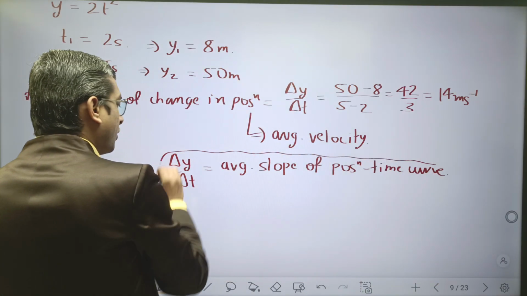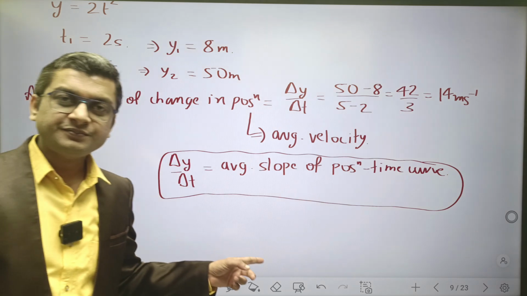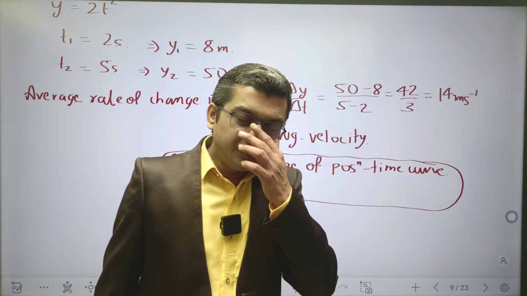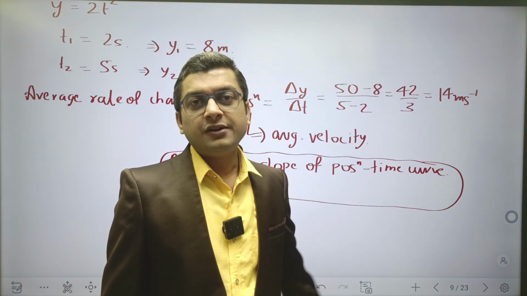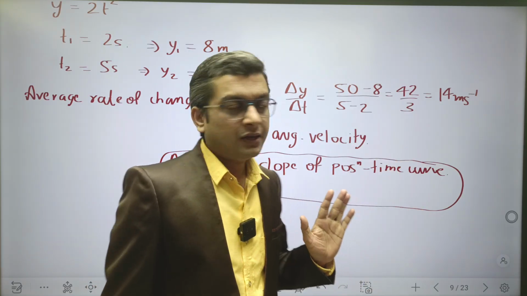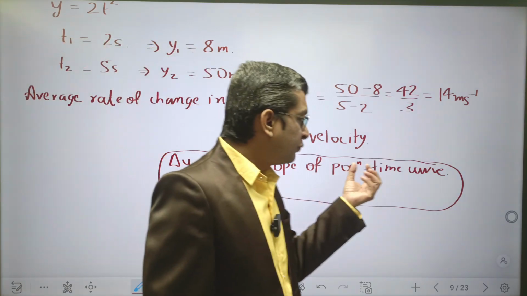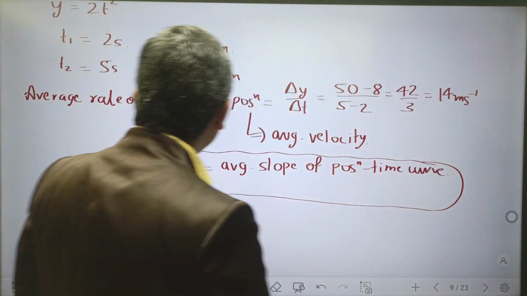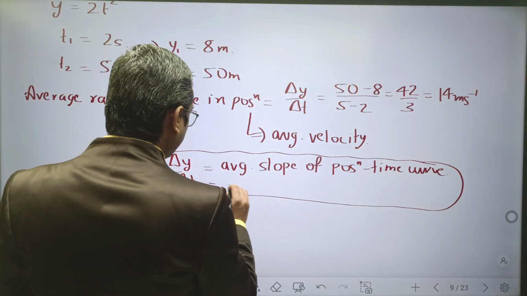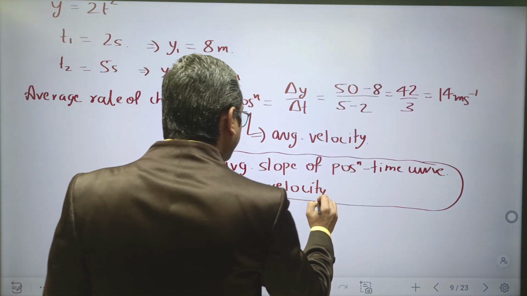Are you getting? Just 10 to 15 minutes earlier, we have written delta y by delta x, that is average slope. So here we are writing delta y by delta t, it means the average slope of position time curve. And what does this average slope of position time curve give? This is nothing but average velocity.